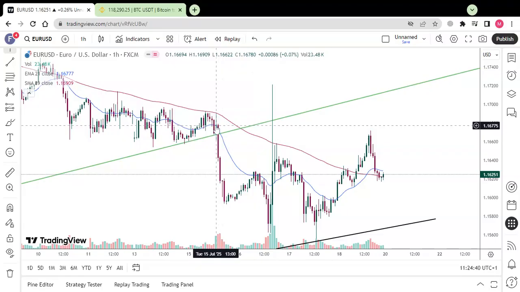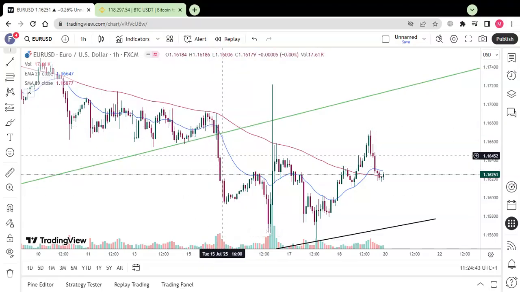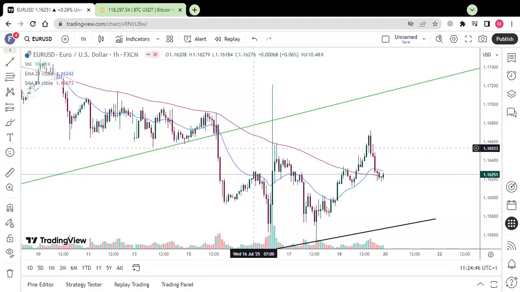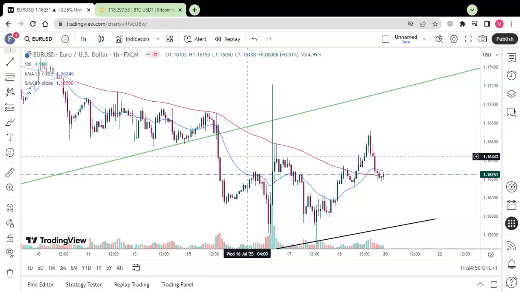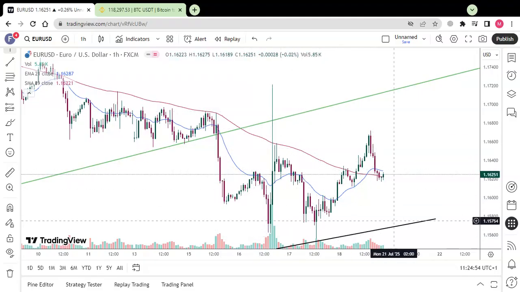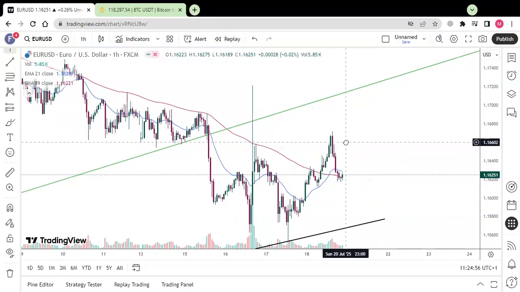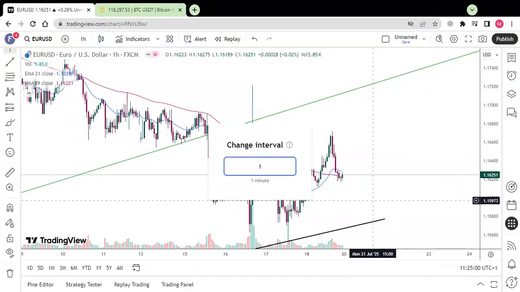Once it breaks the green line, it went parabolic, and now it has retested the line again, and it's moving in the middle between those two lines. Once it breaks the black line, I believe it's going to go lower and lower.